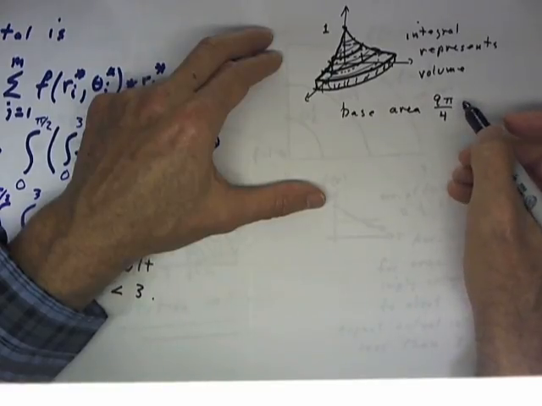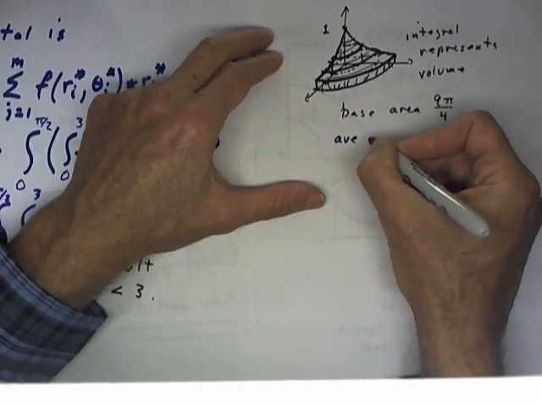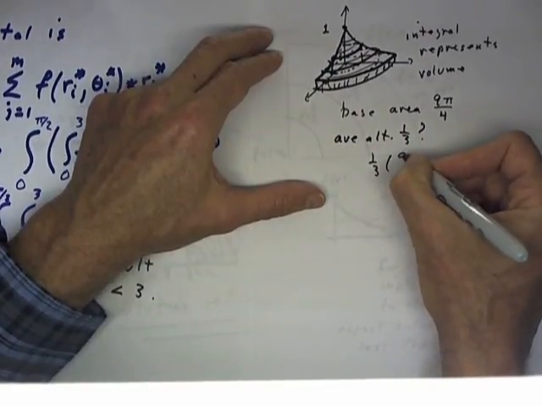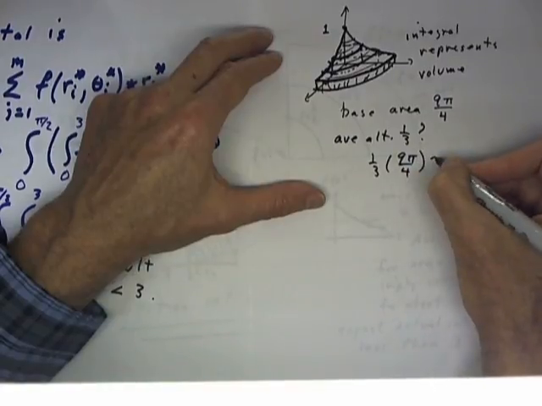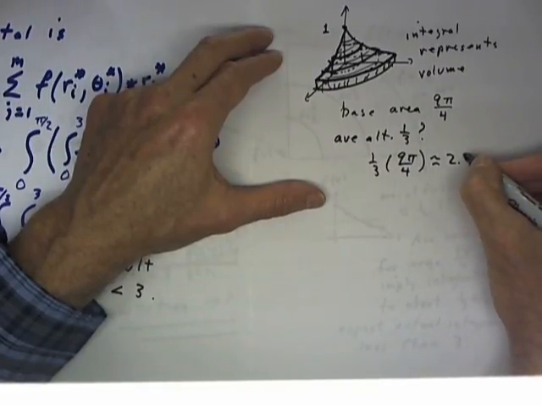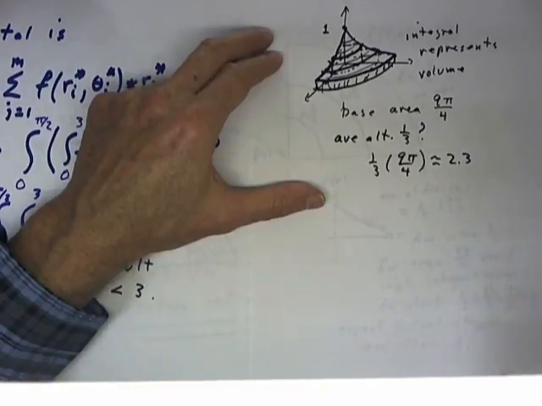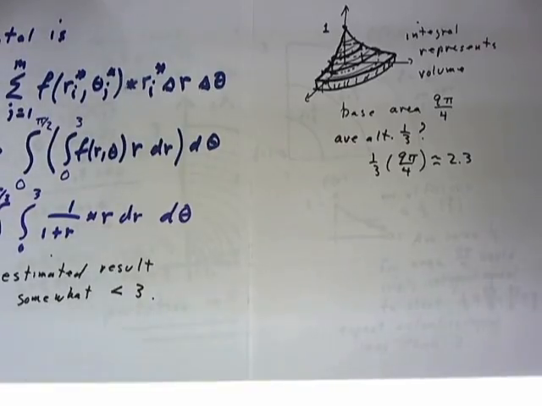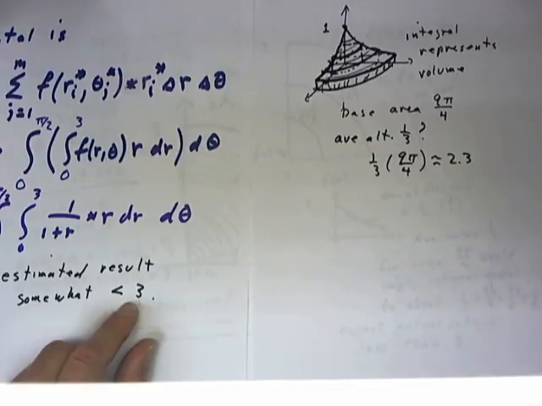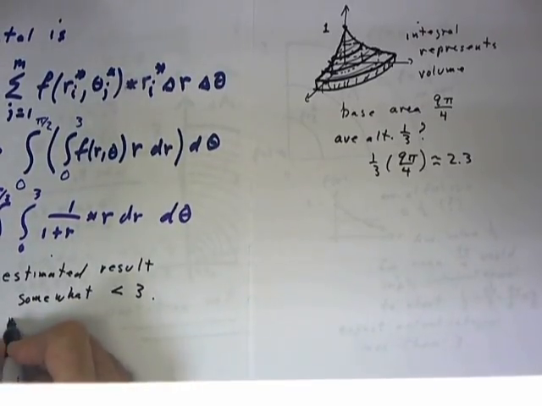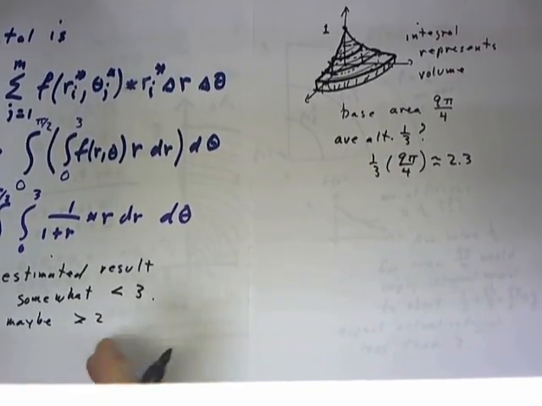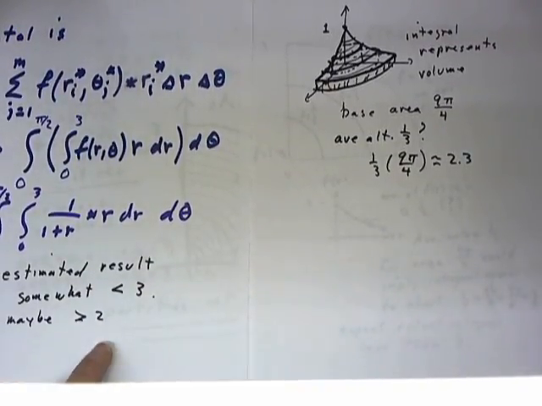And 1/3 of 9 pi over 4 is about equal to 2.3. With our former estimate 3, I can then say I kind of expect this integral to come out somewhere between 2 and 3. Maybe it's greater than 2. Certainly it should be less than 3.